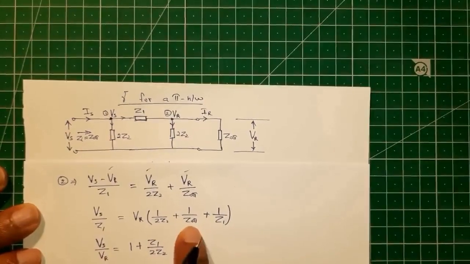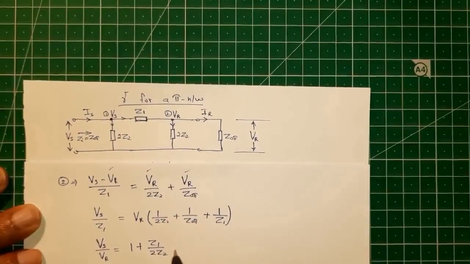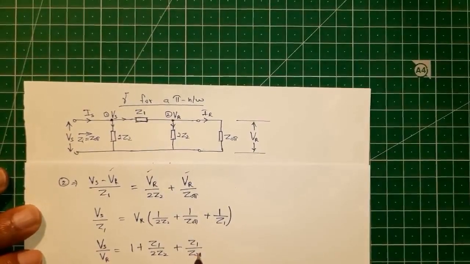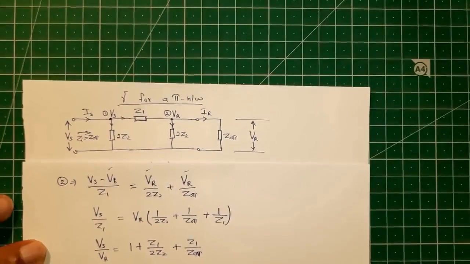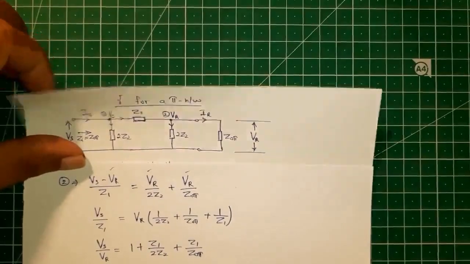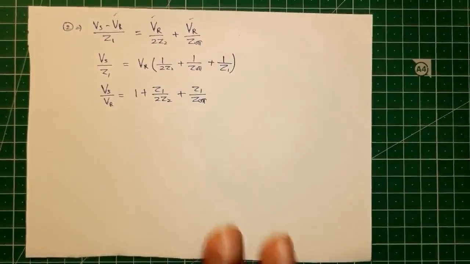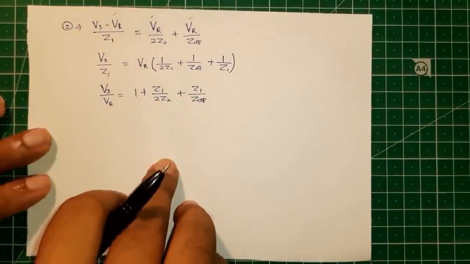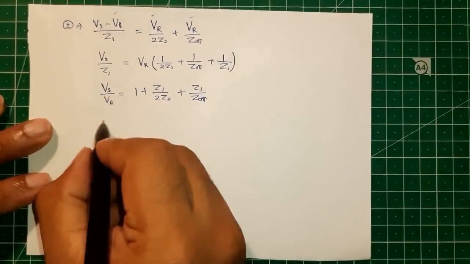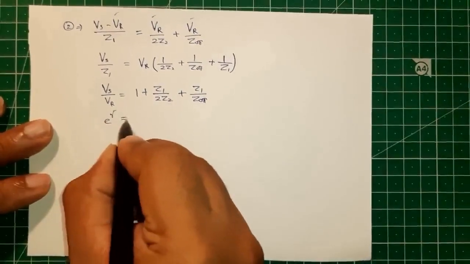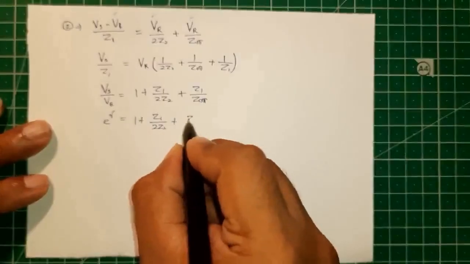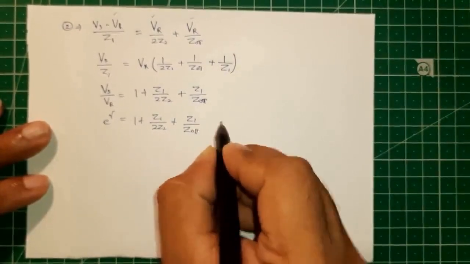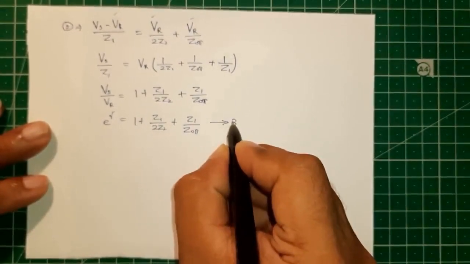This is Z1 multiplied by 1 by Z0 pi is Z1 by Z0 pi. So what is on our left hand side? This is our e power gamma, that is equal to 1 plus Z1 by 2Z2 plus Z1 by Z0 pi. This is our second equation.